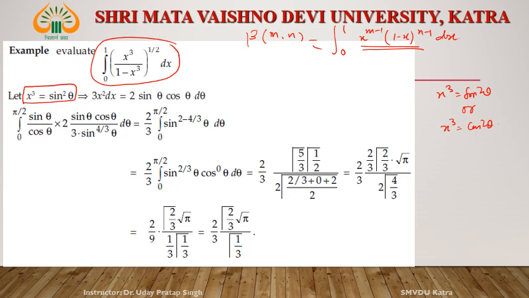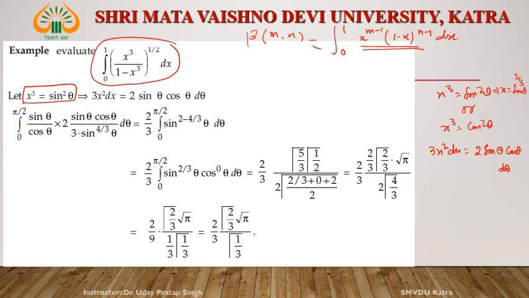So x cube is equal to sine square theta, and then 3x square dx is equal to 2 sine theta cos theta d theta. What is x? If x cube is equal to sine square theta, then x is equal to sine to the power 2 by 3 theta.